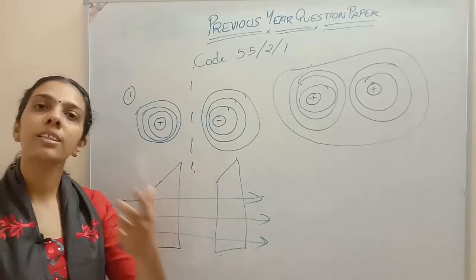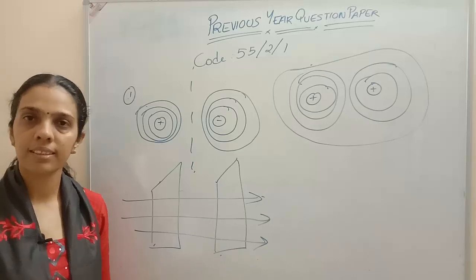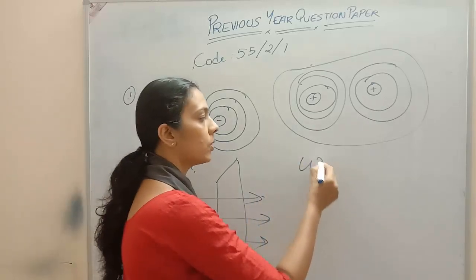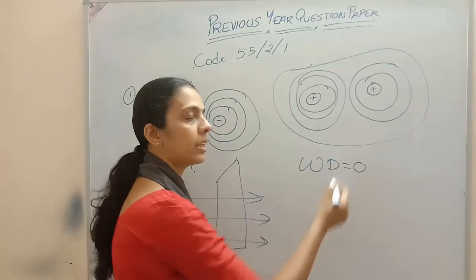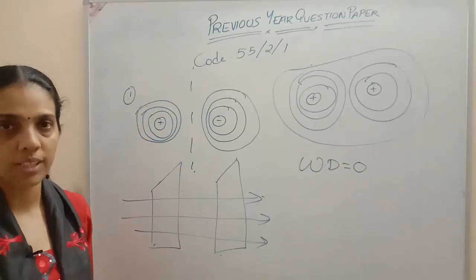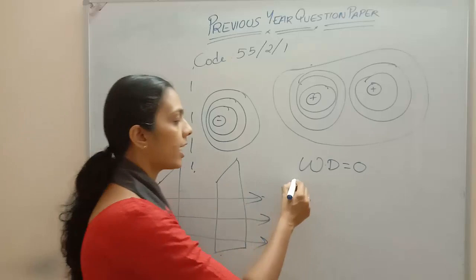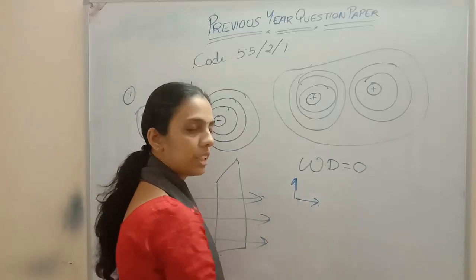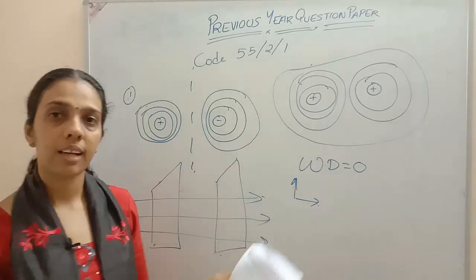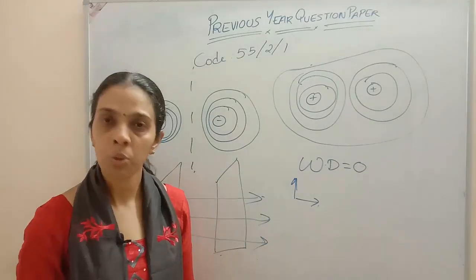Work done on an equipotential surface is equal to 0. That is the reason the electric field and the equipotential surface will be normal to each other. Otherwise, work done won't be equal to 0.